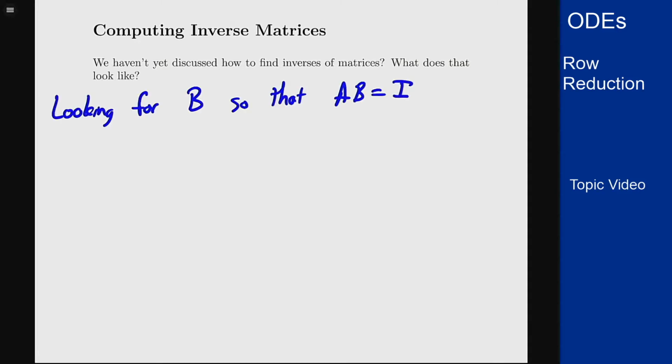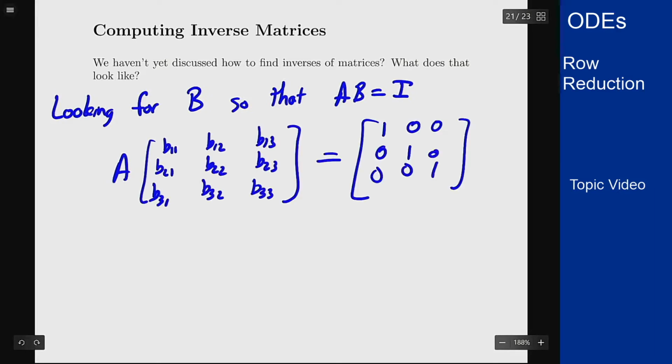Well, we can think about figuring this out in terms of what matrix multiplication actually looks like. So if I have a matrix A, and I take my matrix B, and let me break it down and write out what the matrix is going to look like, assuming that we have a 3x3 matrix here. How do I get to the first column of the answer?